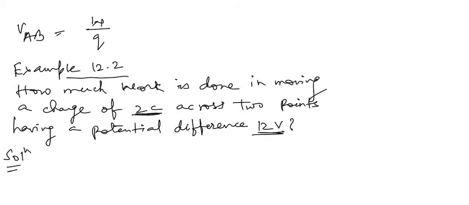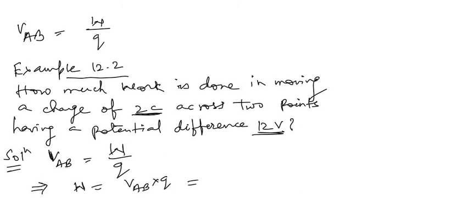We know the formula of potential difference, that is VAB is equal to W by Q. So we can write W is equal to VAB into Q. The potential is given as 12 volt, so 12 into 2. This will become 24 joule.